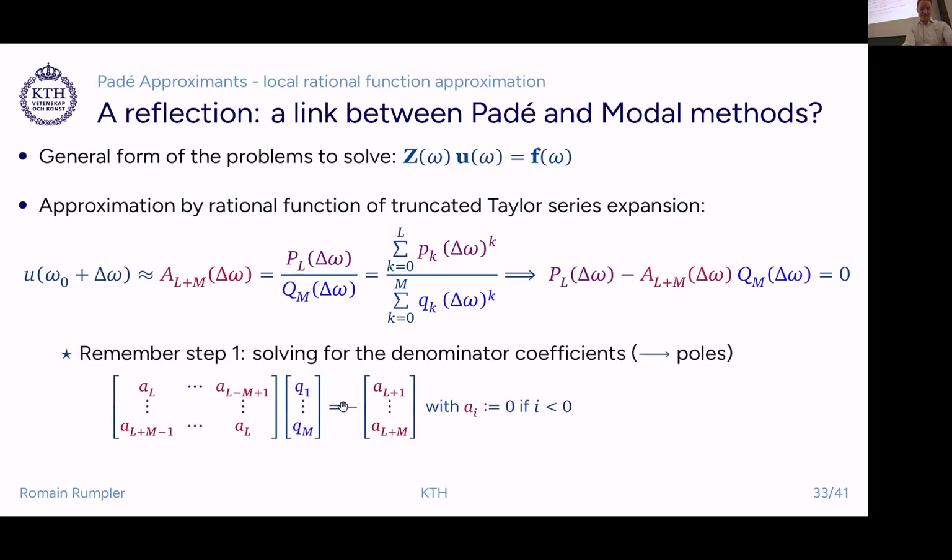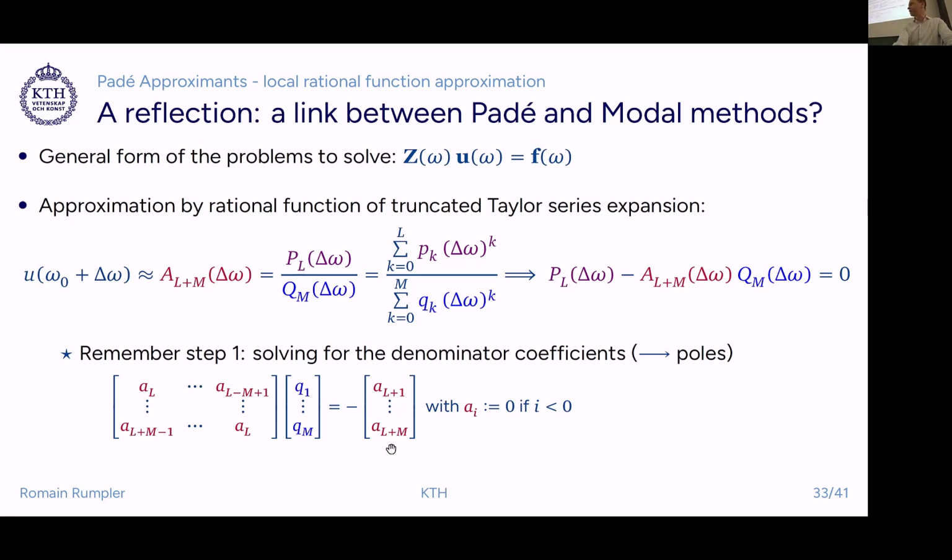This is what I mentioned, right? The first step was to solve a small linear system in order to get the denominator coefficients of the polynomial expansions there. And this is where you notice that you need to calculate the Taylor coefficients of the highest orders. So the right-hand side that you have here imposes that you try to get the derivatives at really high order.